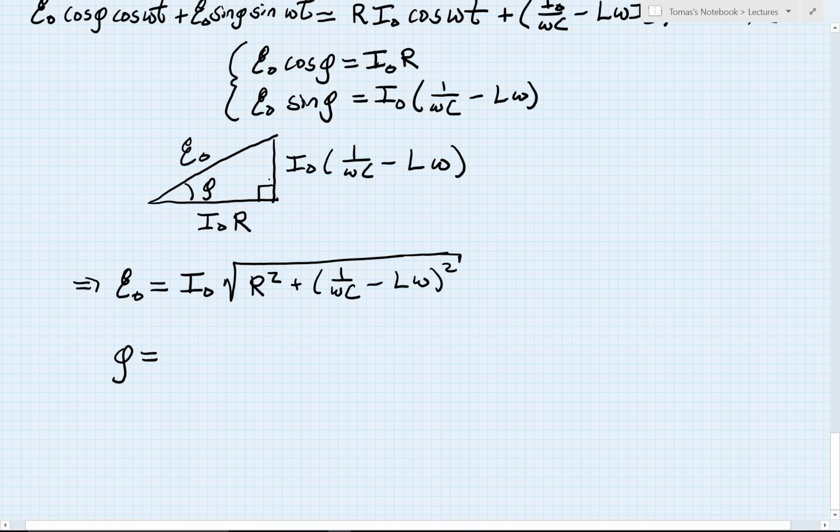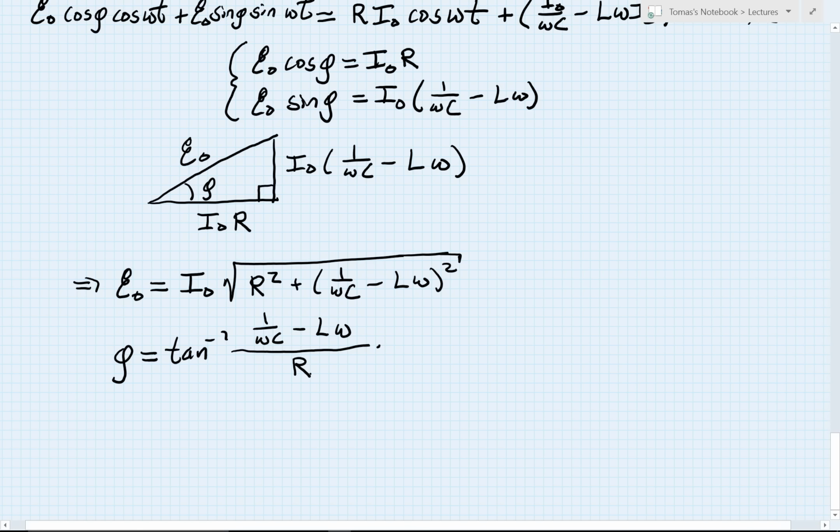The tangent of phi would be the opposite over the adjacent, and I like that because then the I naughts cancel out. So tan phi is this factor over that factor, which means phi must be the arctangent of that ratio, and the ratio whose arctangent I need is 1 over omega c minus L omega as my numerator, because my I naughts cancel out, of course, and then r on the bottom becomes my denominator.